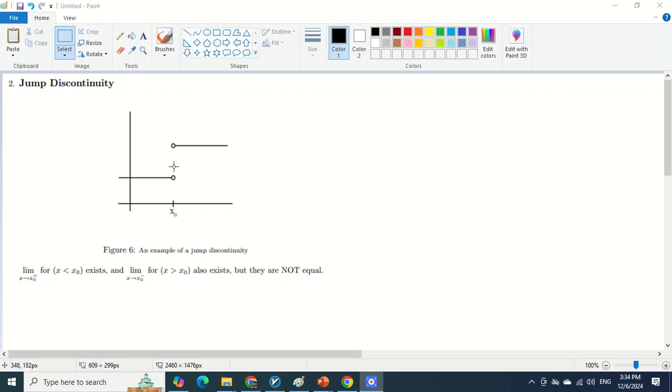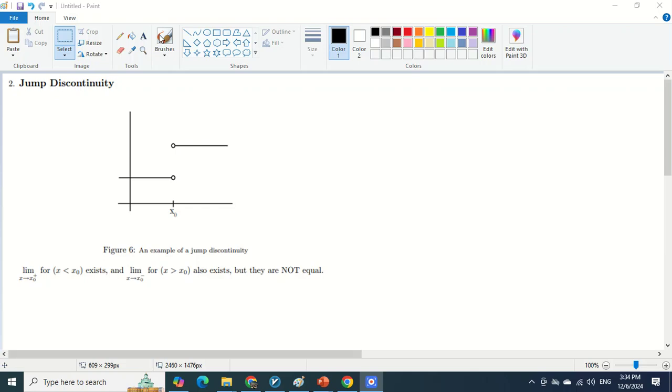Another type of discontinuity is a jump discontinuity, and as you can see over here, this jump discontinuity cannot be removed because the right side and left side limits are not equal. We cannot change the definition or the value of the function at that point such that the function will be continuous. However, we can define right side continuity or left side continuity.